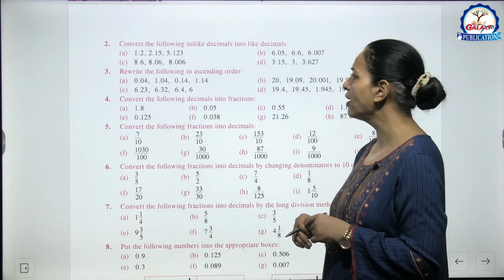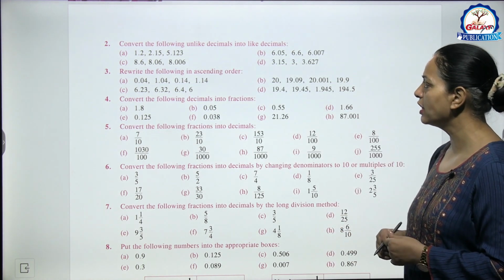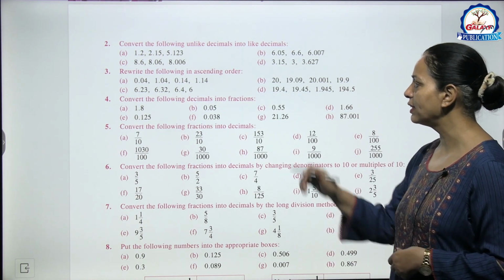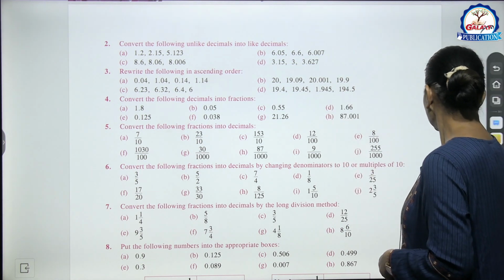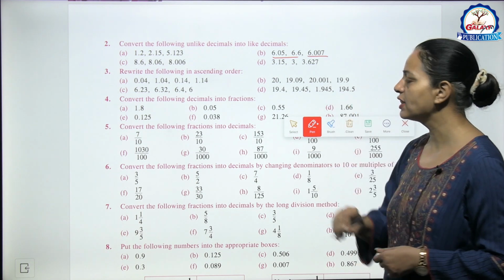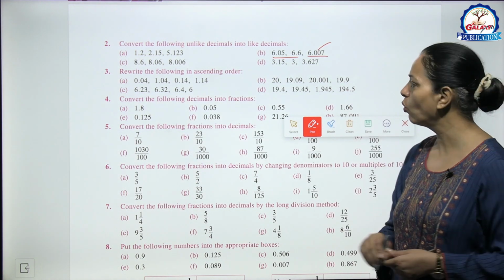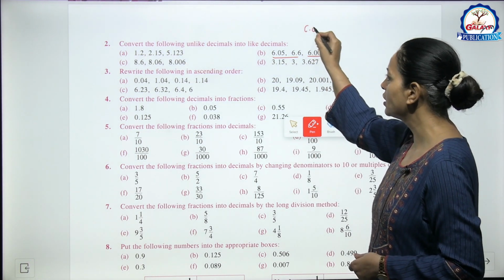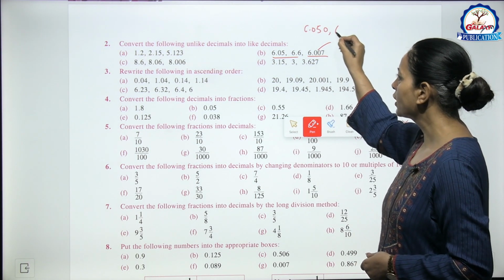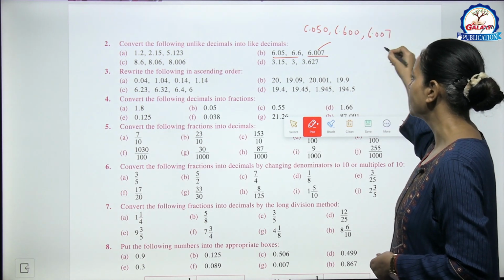Can try remaining parts. Now see question number 2, convert the following unlike decimals into like decimals. Like B part 6.05, 6.66, 6.007. So highest is 3 decimal places. Okay, so 6.050, 6.600, and this is as it is, right?